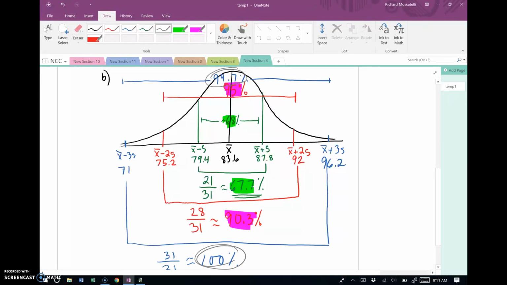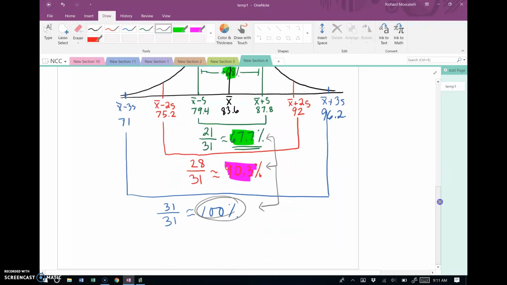I mean, it's pretty much right there. So the 3 percentages that we get for our data are in fact in line with what the empirical rule says. So therefore, remember, the empirical rule only works for bell-shaped data. So our conclusion here is that this data is bell-shaped, or approximately bell-shaped.